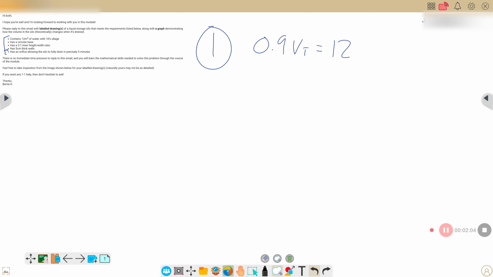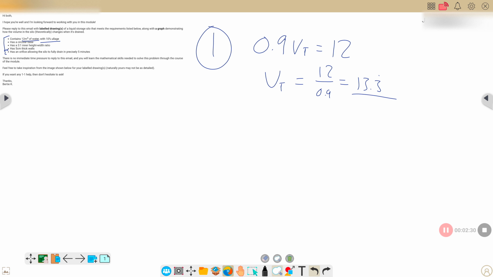The reason I can say that is because if 10% of the silo is ullage, then 90% of it must be this 12 meters of water here. So 0.9 VT, where VT is total volume, is equal to 12. I can rearrange that: VT is equal to 12 over 0.9, and that is equal to 13.3 recurring. Okay, so I've got my first value.